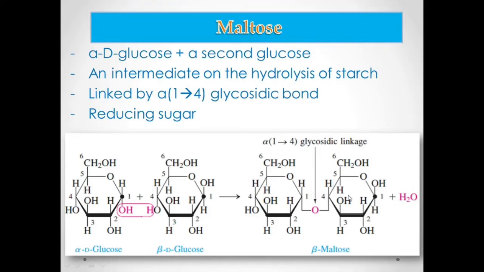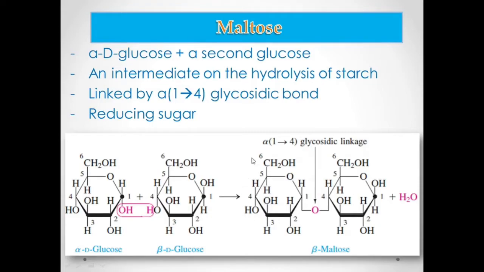How do you name this disaccharide? You name disaccharides by first naming the non-reducing sugar. Between these two monosaccharides, which one is the non-reducing monosaccharide? Of course, the first one. So you name this first, followed by the second sugar.